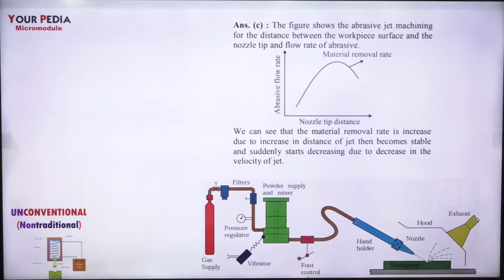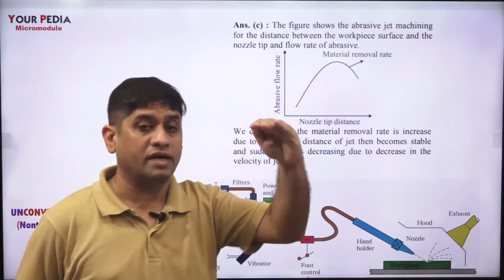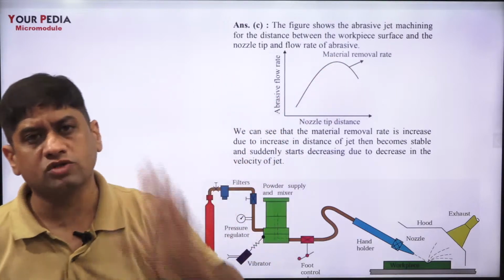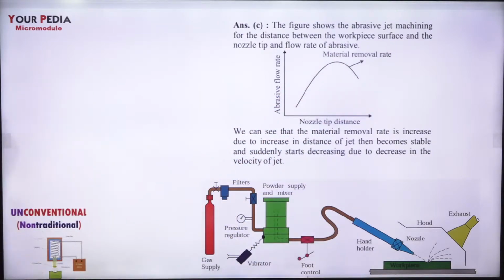In abrasive jet machining, we look at the distance between workpiece surface and nozzle tip, and the flow rate of abrasive. Abrasive flow rate, nozzle tip distance, as you can see clearly. As the nozzle tip distance increases, material removal rate first increases, becomes maximum, and if I increase the nozzle tip distance further, material removal rate will decrease. This is the typical pattern which we get in abrasive jet machining.